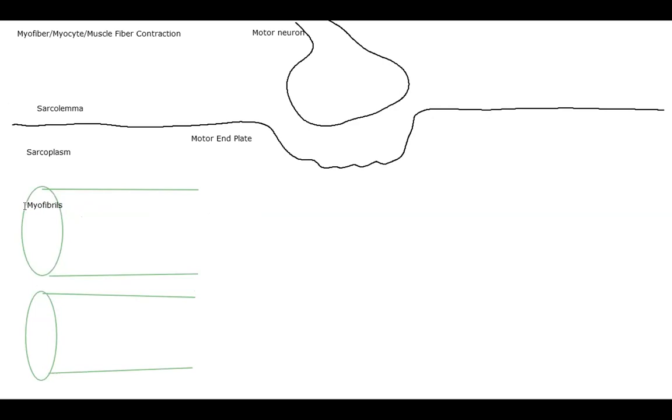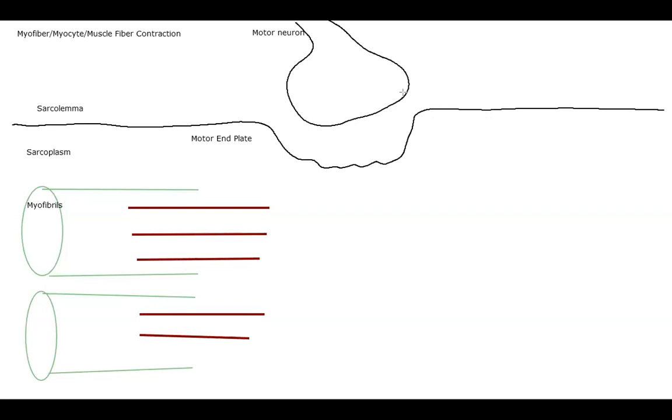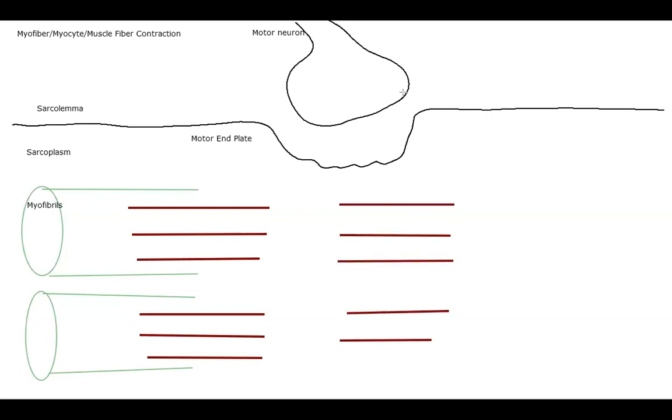Also, we have overlapping actin and myosin. I will draw the thicker red here as myosin. We have lots of parallel myosin filaments, and they are filling all of the myofibrils, which are consequently filling all of the myofiber's sarcoplasm.